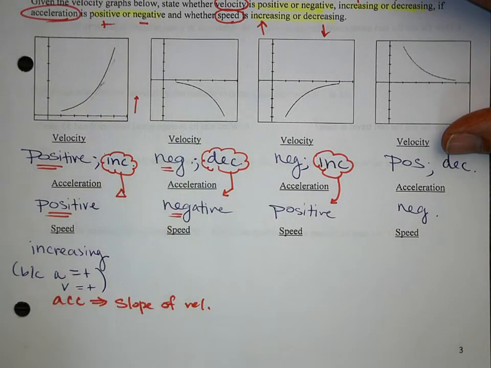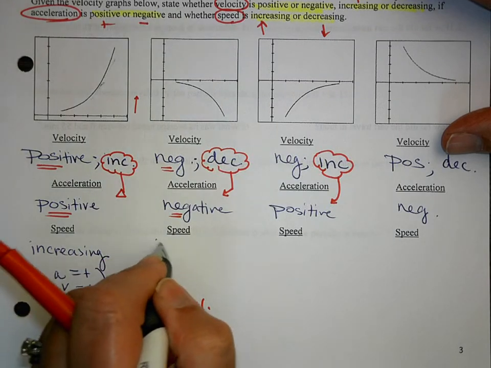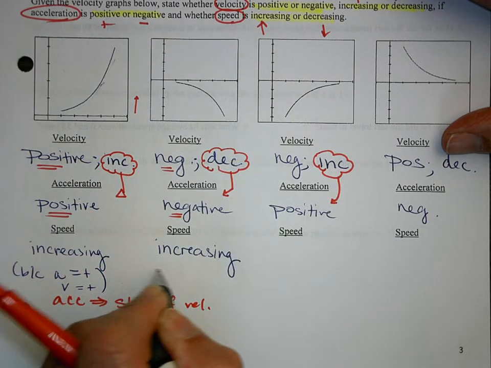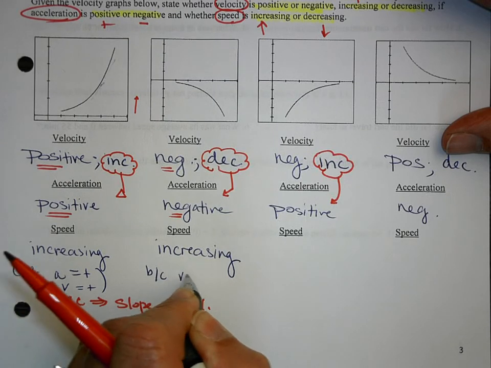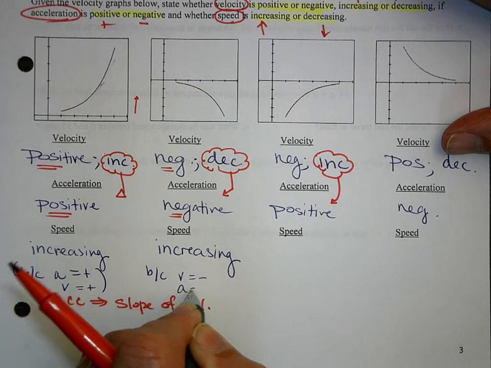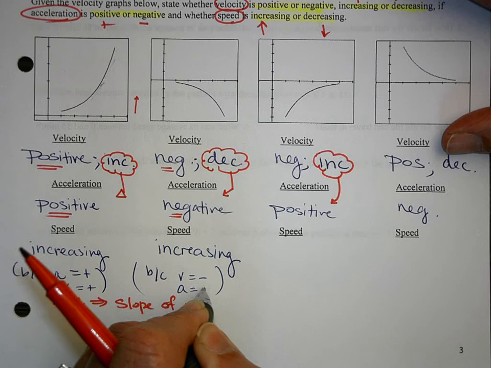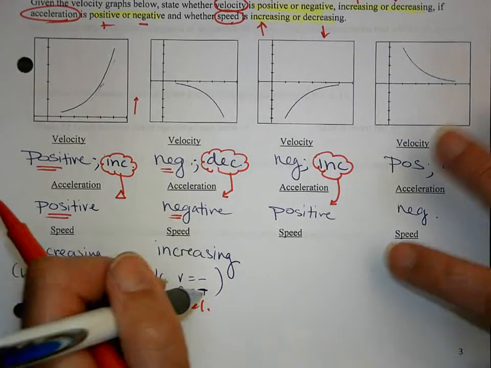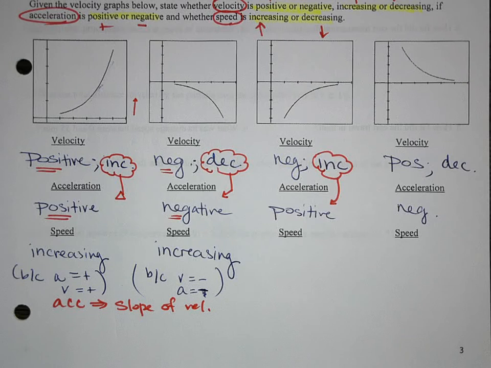So that means speed is still increasing, just in a negative direction. Right? And again, that's because velocity was negative and acceleration was negative. Okay, so because they were the same sign, speed is increasing, just in a negative direction, okay?